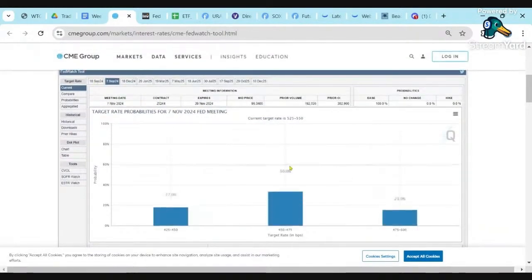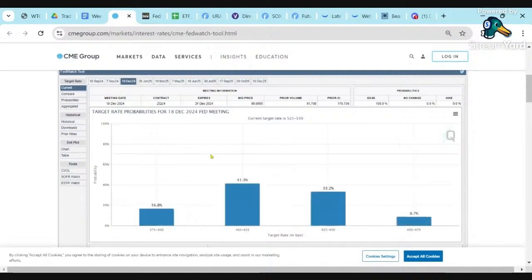We go to November and get a 50% chance of a 75 basis point cut, only a 23% chance of 50 basis points, and a 27% chance of 100. And for December, 75 basis points is small, 100 basis points a third, and 125. So again, they're pricing in more, and 150 basis points, almost 17%.